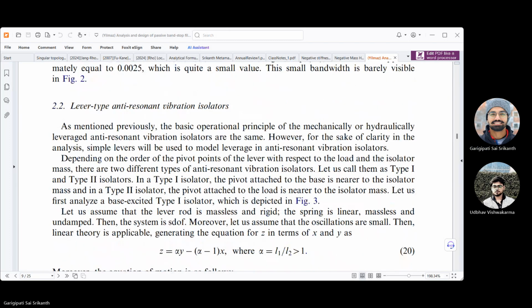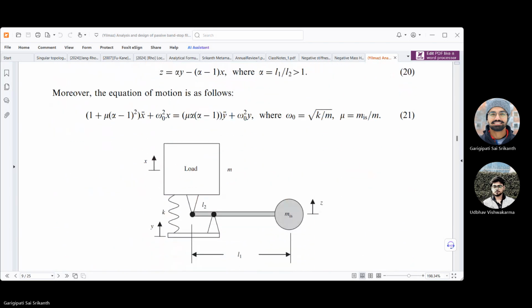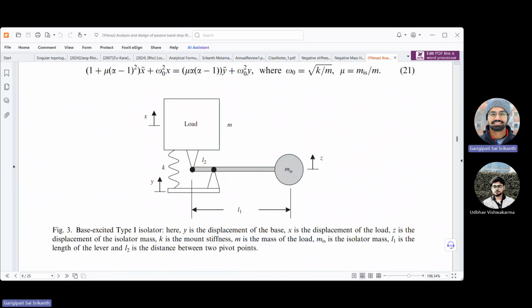Now, this is the concept of using lever arms. So what is this if you think about it? This is the load, right? This is the stiffness. Now, the load is resting on some seesaw kinematic mechanism.